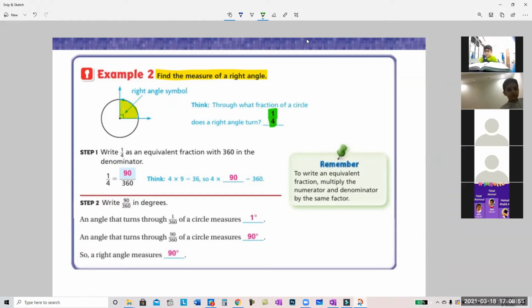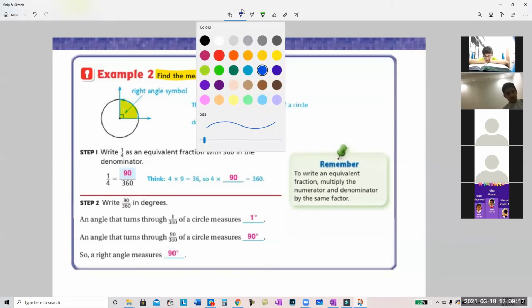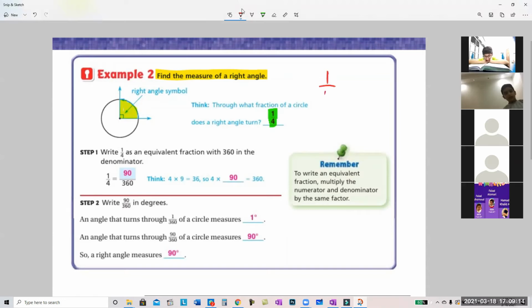Okay, so if you want to write the fraction 1/4 as degrees, you have to write this fraction with the denominator 360. Okay, what does it mean? Let me explain it more for you.